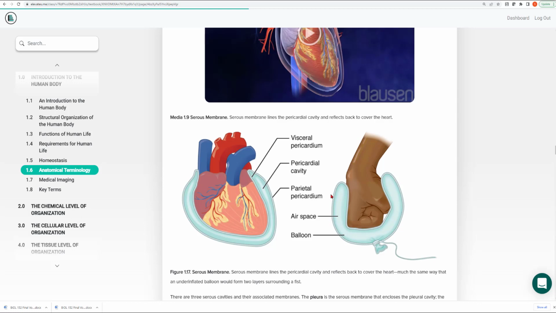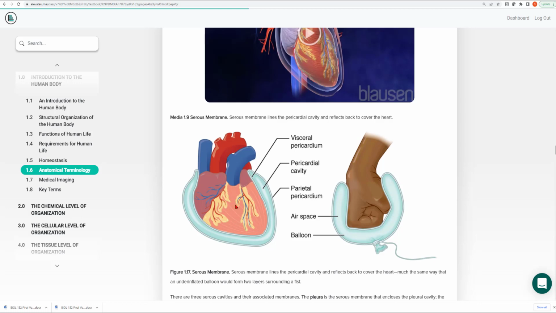So it is surrounding the outer wall of this membrane. And then in between, in the balloon, there's an air space. Well, around your heart, there's a space, but this space is the pericardial cavity, and it's filled with some watery solution. And that fluid is there to help moisten and also to reduce friction.